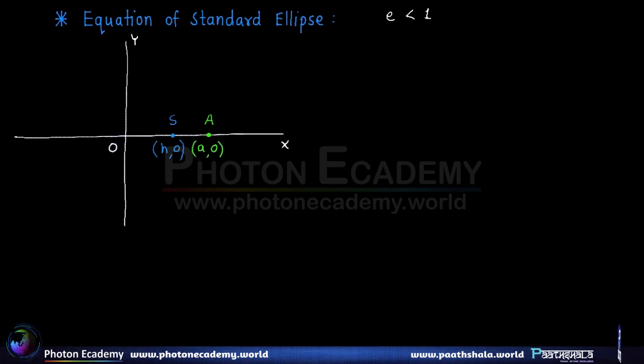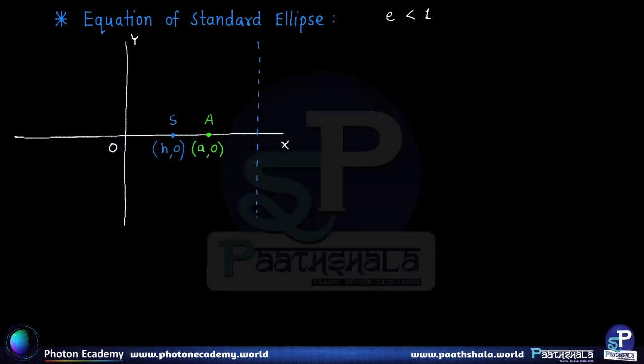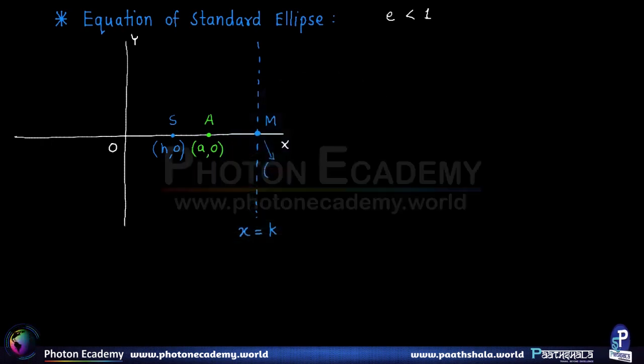And let us show the directrix also as a line at some suitable location, let's call it x equal to k. Let us denote the point where the directrix is cutting the x axis as say M, and let its coordinates therefore be k comma 0.